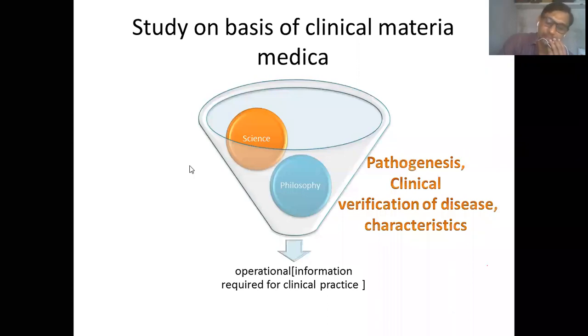Along with this, we also require certain knowledge about the dose, potency, and repetition of the medicine, and all this knowledge is also given in this type of clinical materia medica.